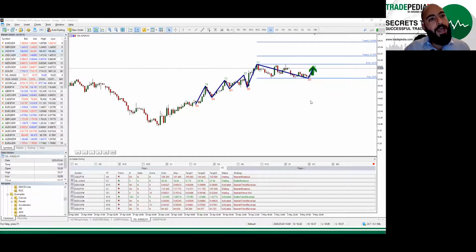So if you have a 90% accurate system, you can trade with a risk reward of 0.5 to 1. You will still earn money at the end of the year. But if you have a 50% accurate system, then you need more than 1 to 1 risk reward to break even, right?